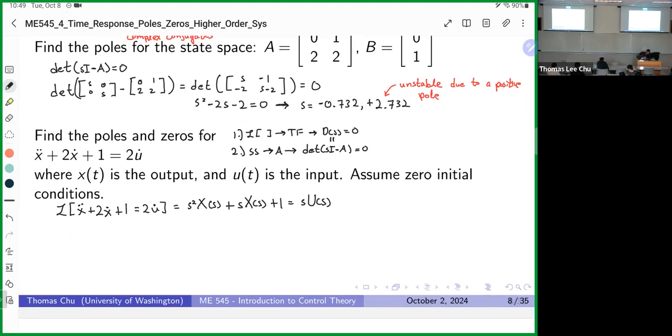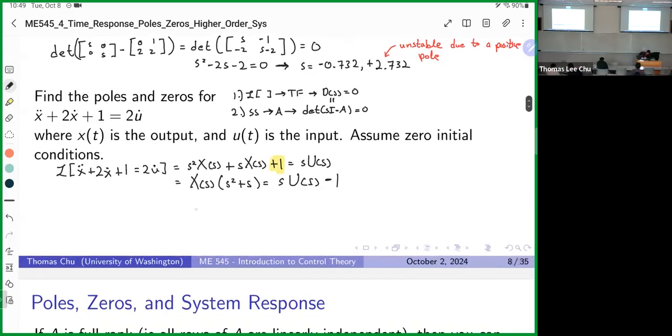Okay, so then there's this one here, which seems like it's kind of messing things up, but don't worry about it right now. Let's pull out the X of s, and we get s squared plus s is equal to s times U of s minus 1. Divide both sides by this s squared plus s. Yeah, it is 2s.